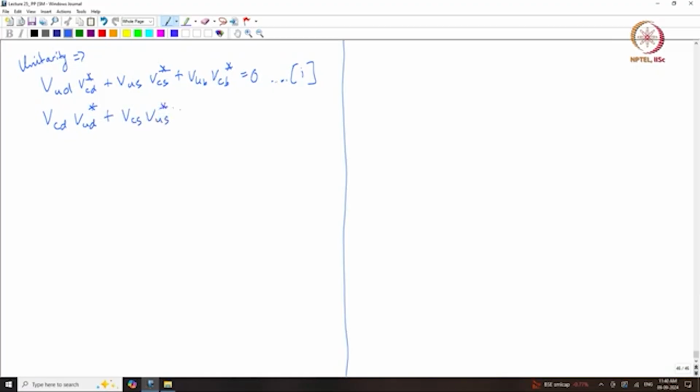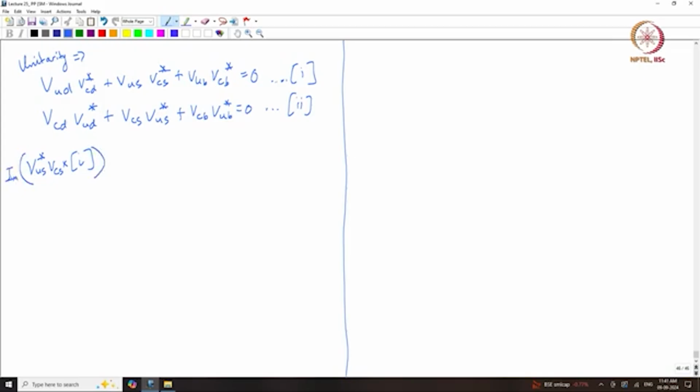We have VUB, VCB star equals 0, and I am going to call that equation 1. Then let me write down one more condition, one of those row column orthonormality conditions, VUS star plus VCB, VUB star equals 0. Now, what I am going to do is take equation 1, multiply it with VUS star VCS, and take the imaginary part of that.